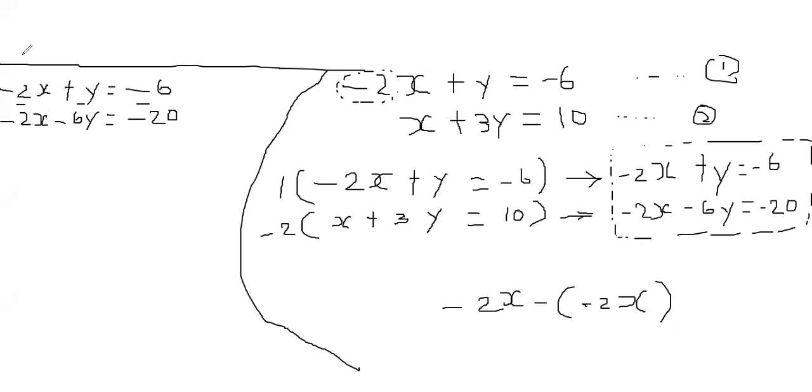That will give us what? 0. Right? You can put in your calculator negative 2 minus negative 2, and you'll see that you get 0. Anything subtracting itself will give you 0. So this section gives me 0.